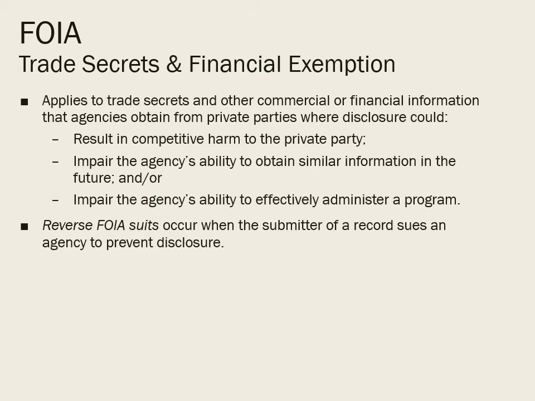What this is really aimed at is making sure that the government doesn't disclose any competitive information that could result in harm to the private party or impair the agency's ability to get that same type of information in the future. So if a private party thinks the government's going to disclose its confidential information, they're a lot less likely to willingly hand that over to the government, and then that can seriously impede the government's ability to function.